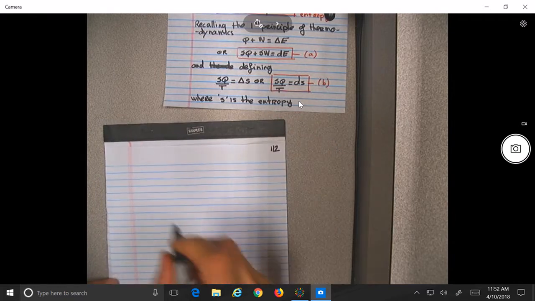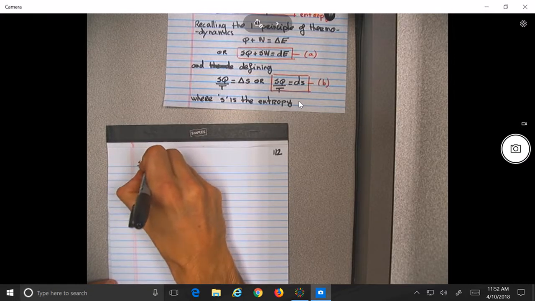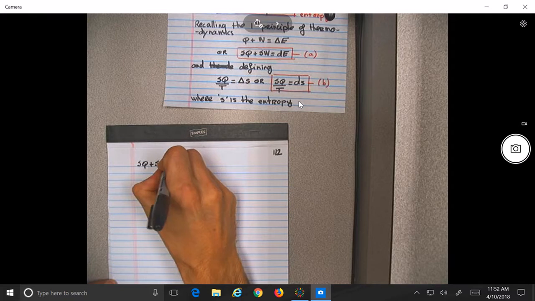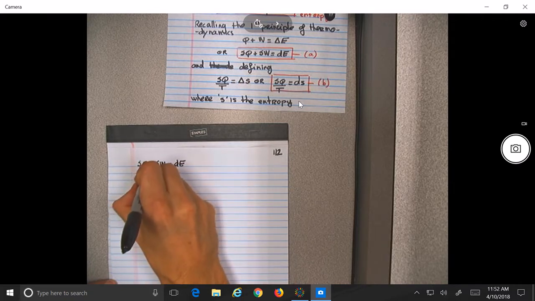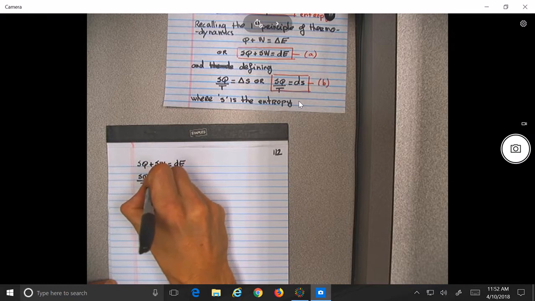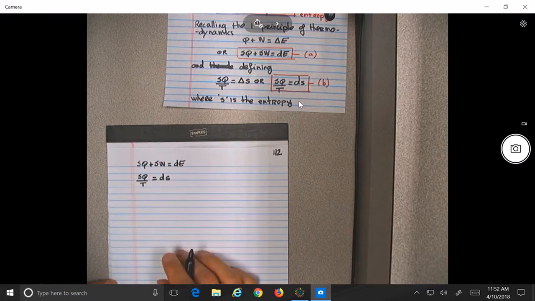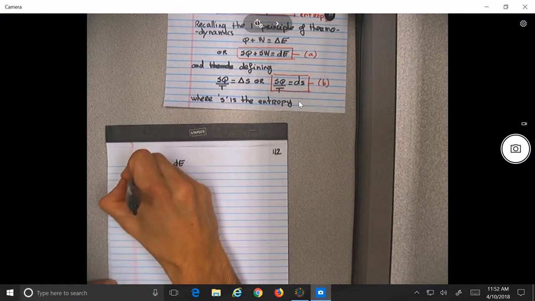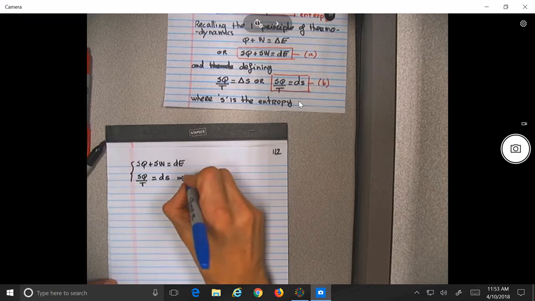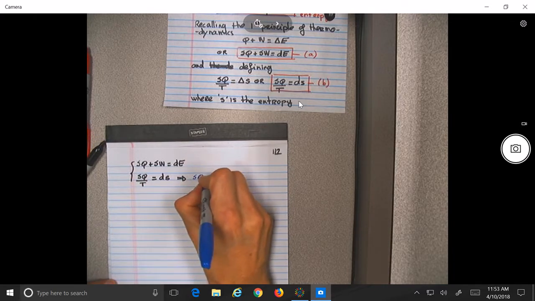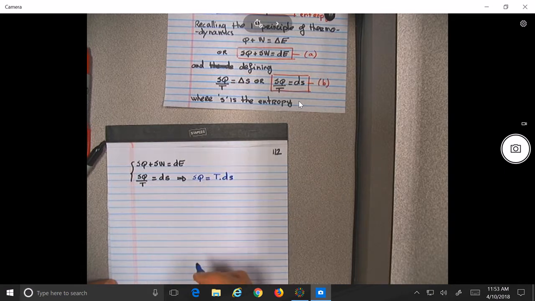So let's say we have delta Q plus delta work equal change in energy, and we have delta Q over T equals dS. So from that equation we can write down that delta Q is equal to T dS.